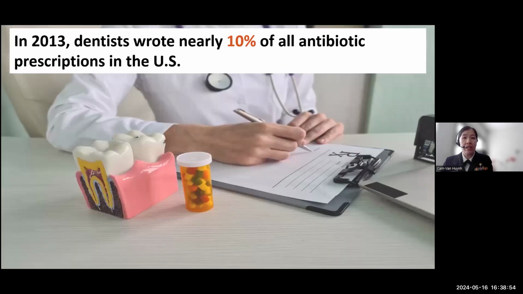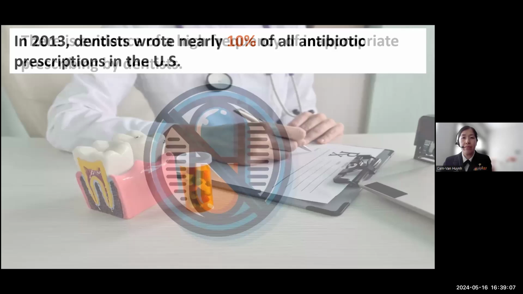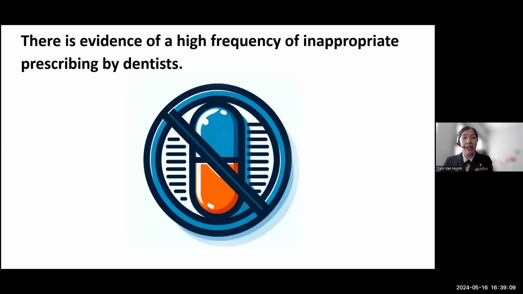In 2013, dentists wrote nearly 10% of all outpatient antibiotic prescriptions in the US, making them the 4th highest prescriber of antibiotics following family practitioners, pediatricians, and internists. Past studies have shown that about 80% of antibiotics prescribed for prophylaxis before dental visits were unnecessary. There's evidence of a high frequency of inappropriate prescribing by dentists, which means there are opportunities for improving by implementing antibiotic stewardship practices.